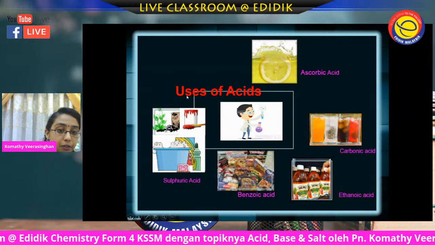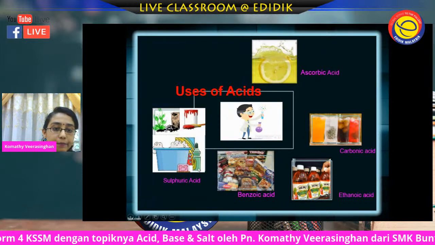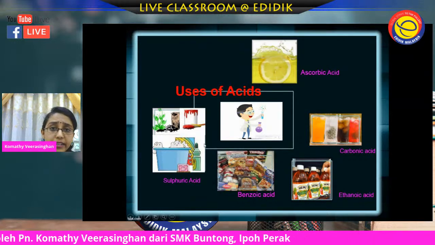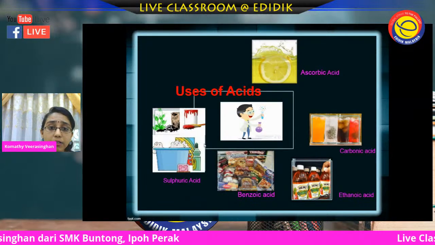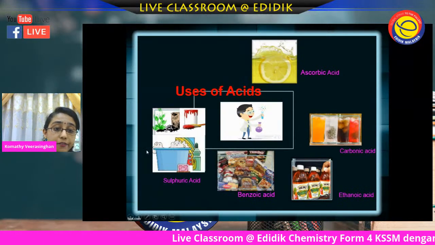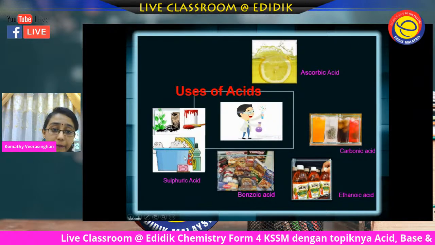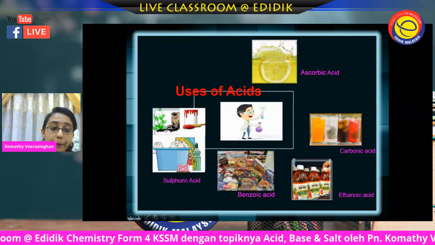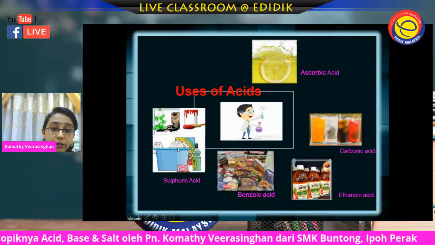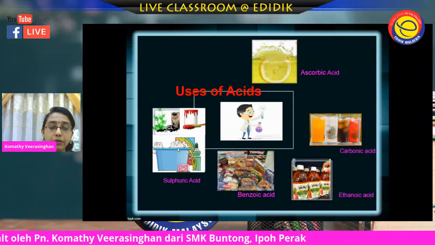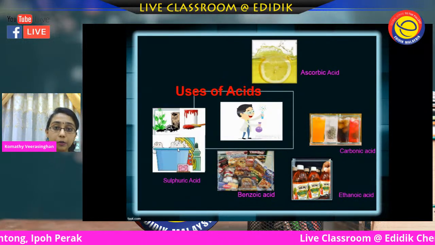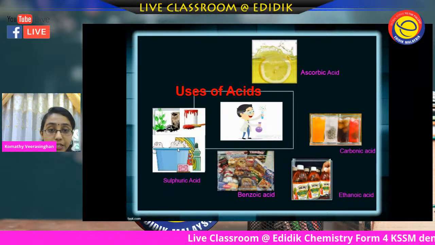Now, finally, we're going to look at sulfuric acid. This is the major acid which has been widely used across all sectors. The major functions of sulfuric acid are, firstly, to make detergents. You know the soap that you, not soap, detergent that you use to wash your clothes or even your dishes.